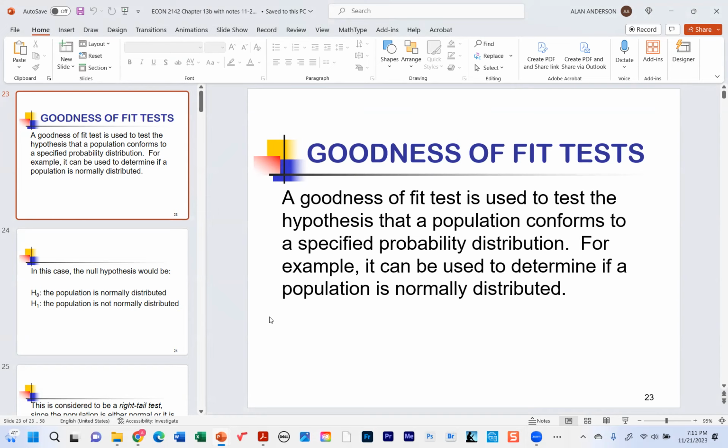And again, the reason why this is so important is because we often need to make sure that a population is indeed normally distributed, because a lot of the tests that we use depend on the assumption of normality. And if we do not have the ability to prove that that's true, we might run into trouble. So this is a formal way of demonstrating whether our population is normal or not.